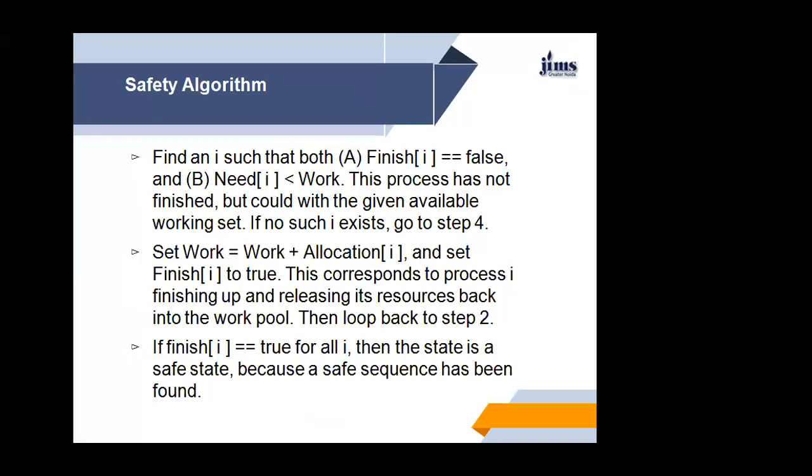In the third step, set Work equals Work plus Allocation and Finish[i] equals true, and then go to step 2. In the fourth step, if Finish[i] equals true for all i, then the system is in a safe state. This algorithm may require an order of m times n squared operations to decide whether a state is safe or not.